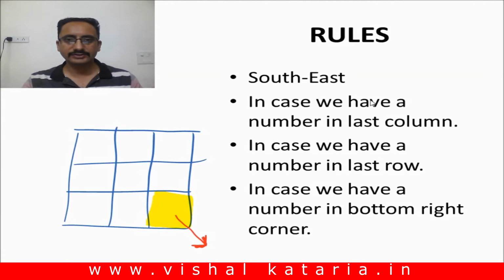In such cases, remember, we will not move in the southeast direction. We will move to the immediate west column. Immediate west means the immediate left-hand side column. So the next number will be written in this column. This is where I will write my next number.